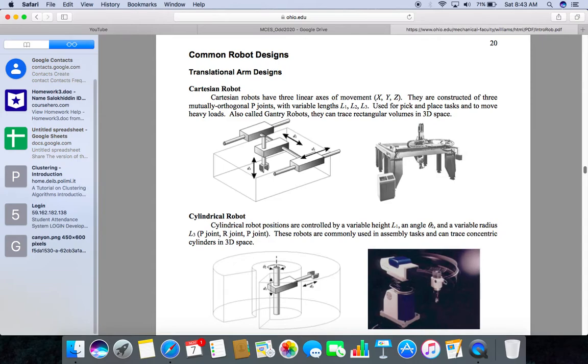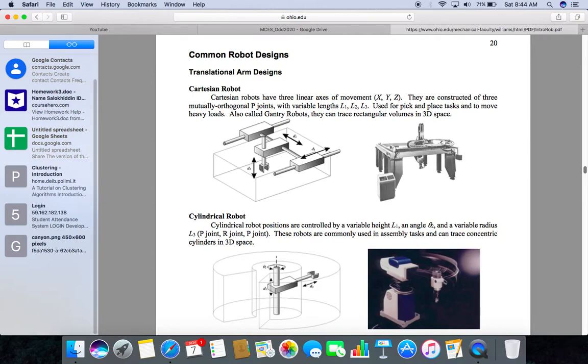They are constructed of three mutually orthogonal P joints with variable lengths L1, L2, L3, used for pick and place tasks and to move heavy loads, also called gantry robots. They can trace rectangular volumes in 3D space.